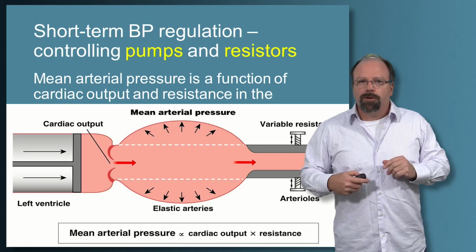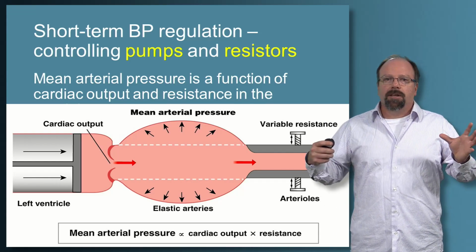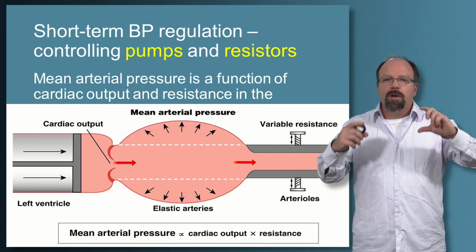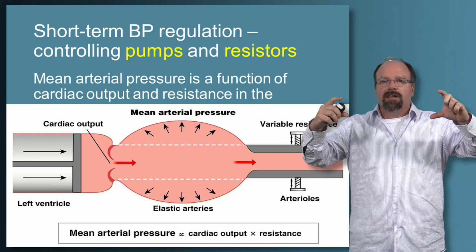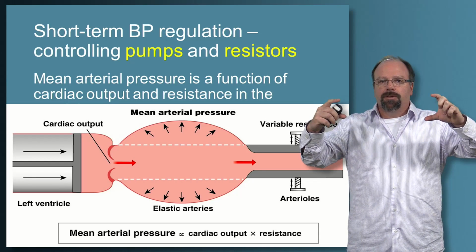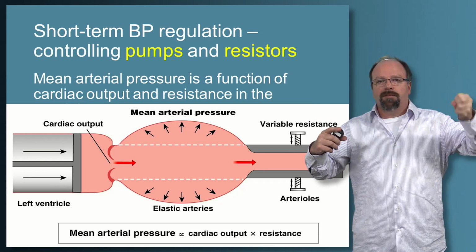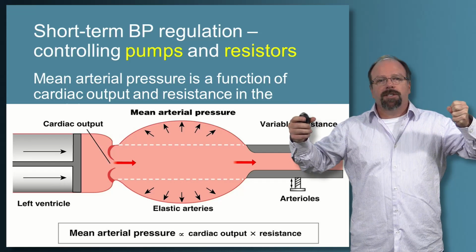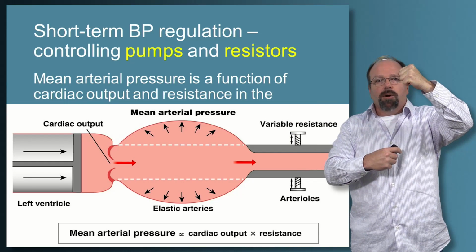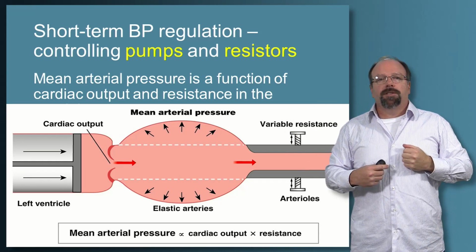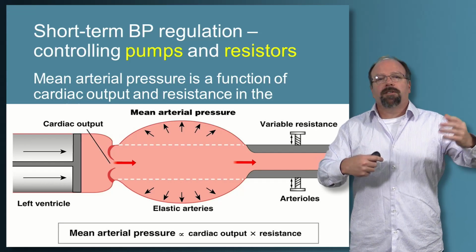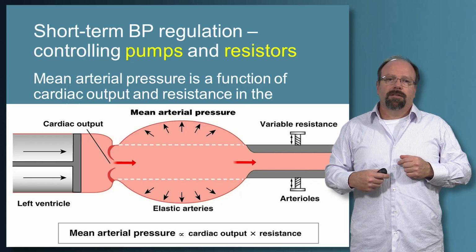This fast or short-term BP regulation is basically controlling pumps and resistors. If we look at the artery as a sleeve of vascular tissue, if you increase the pumping factor but don't change the resistance factor, you essentially blow up the balloon and the pressure increases. That's exactly what happens at the level of cardiac output regulation.